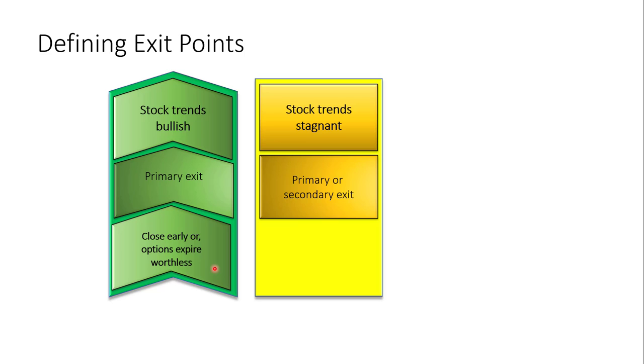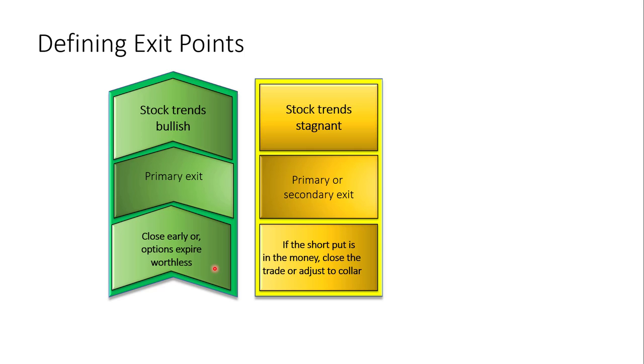You could take partial profits as your secondary exit, or if the short put is in the money, that means it's slightly below the price of the short put. You could close the trade or adjust it to another type of trade and possibly into a collar trade by doing a few other transactions.